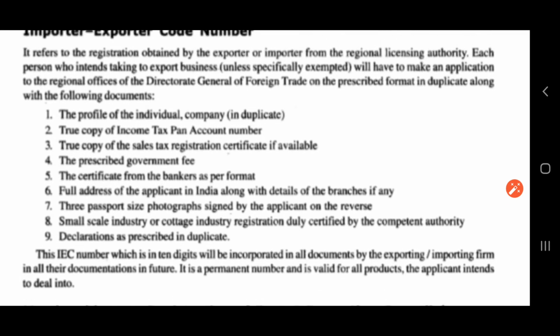So then if the organization goes with all these documents, then it may obtain this IEC number. An IEC number usually consists of 10 digits.